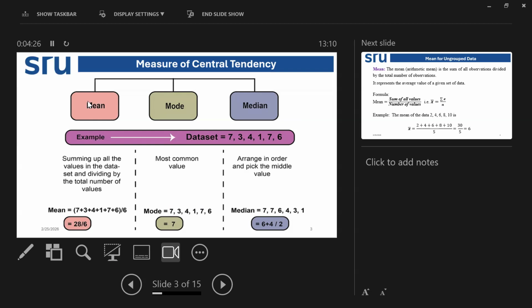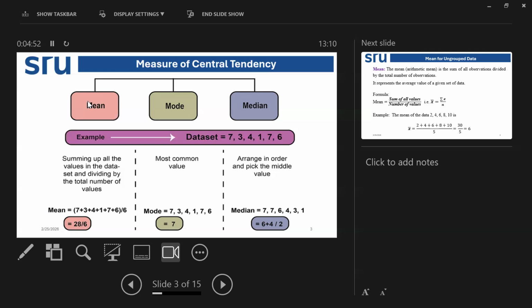What is mean? How will you calculate the mean? Mean calculation: how will you get the mean? Anyone? Sum of observations divided by the number of observations. That depends on the data. If you have ungrouped data, then we can directly apply the formula and get things done.